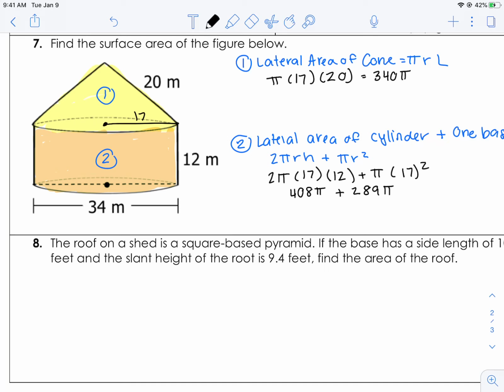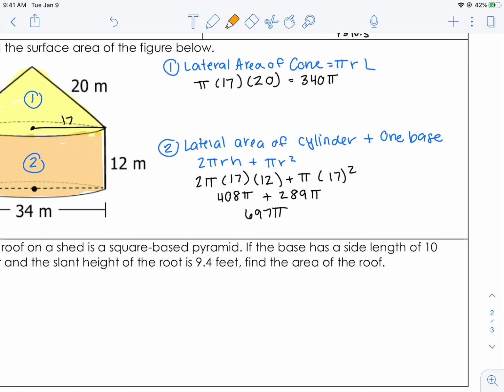Add them together, and I get 697 pi. Okay, and then I'm going to add these 2 to get total area. Okay, and I get 3,257.83 meters squared.